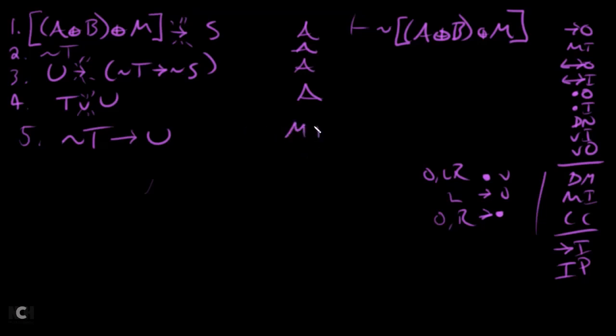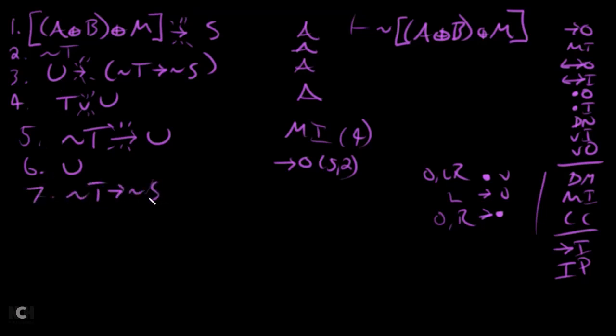So this is material implication on line 4. And then now that easily lines me up for an arrow out, which unlocks U, arrow out, 5 and 2. And then that is the left side match here, which is going to unlock this for me, squiggle T, arrow, squiggle S. That's arrow out, 3 and 6.